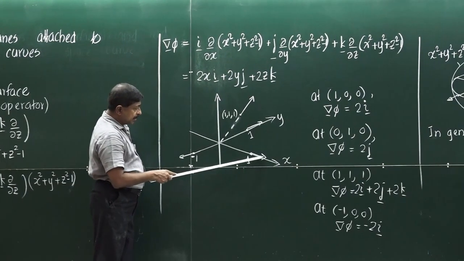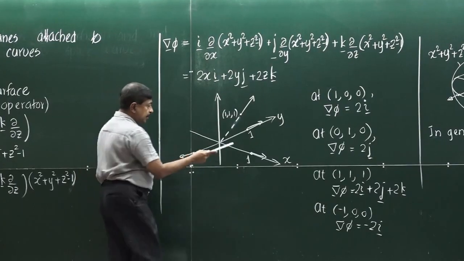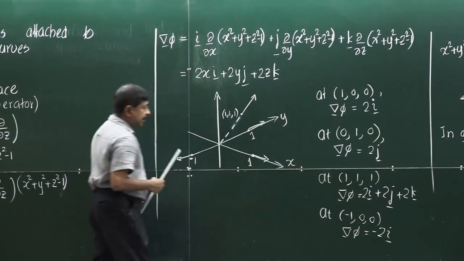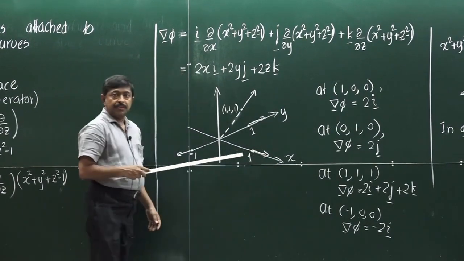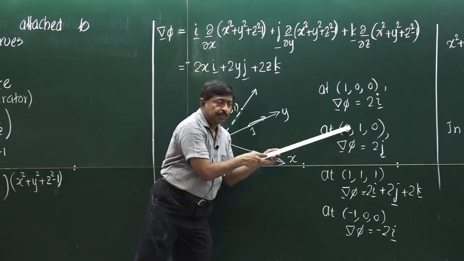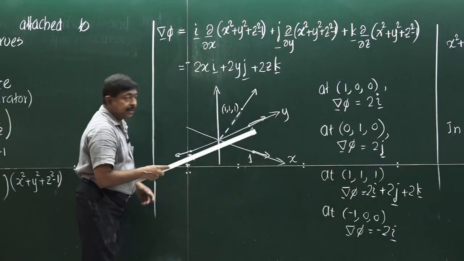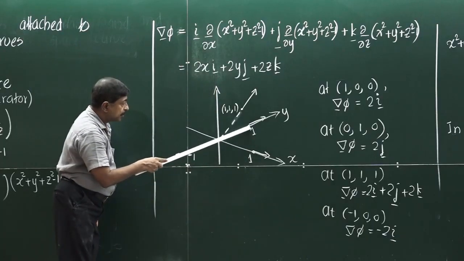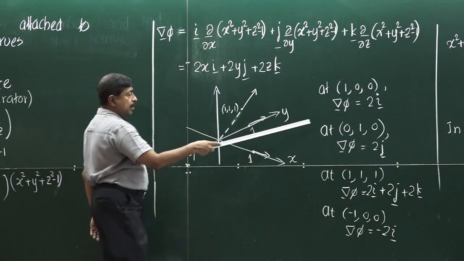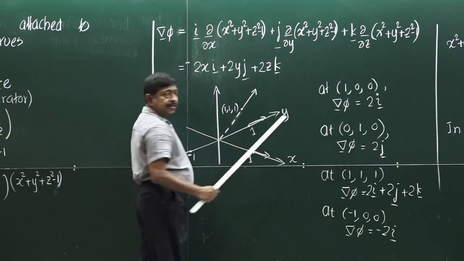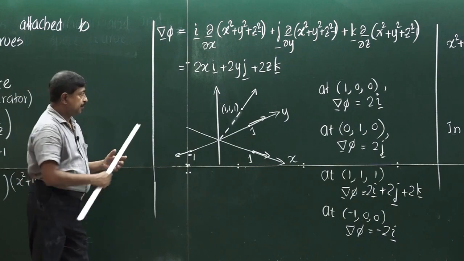So, it is in the positive direction of the x axis. Similarly, at 0 1 0, where the x coordinate is 0, y coordinate is 1, z coordinate is 0, it should be on the y axis because both x and z coordinates are 0.